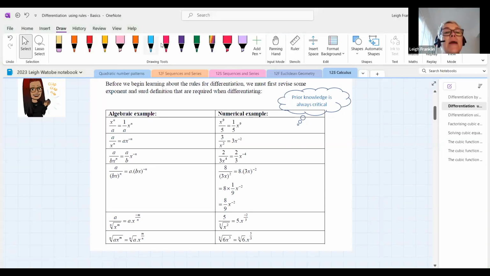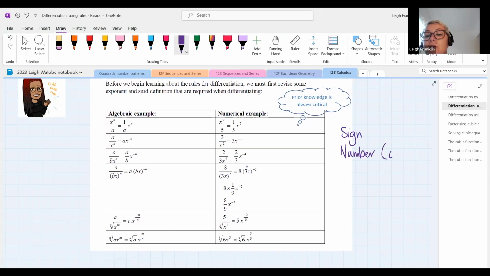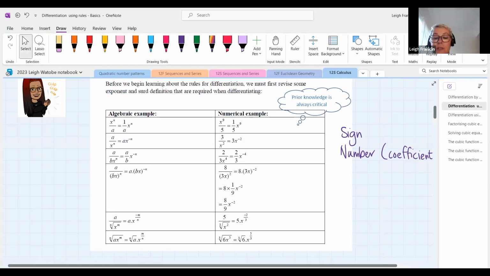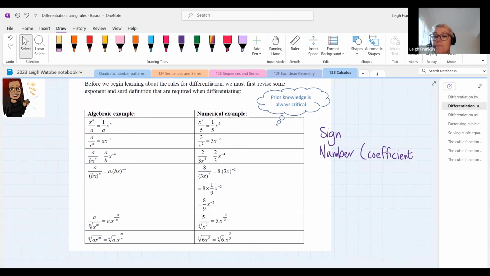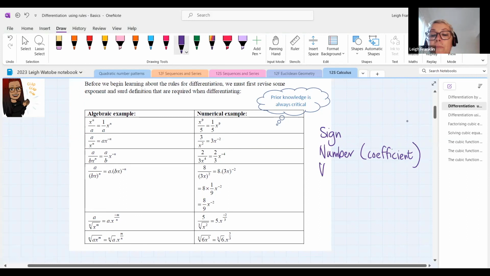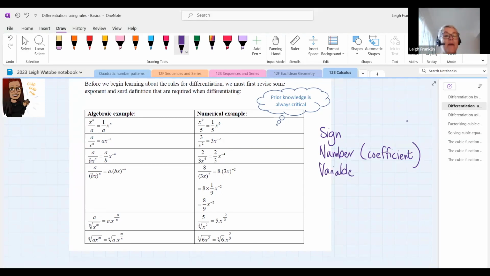I don't know if you remember from grade 8 when you first learned about algebraic terms, but we always write terms with the sign followed by our number, which is our coefficient, followed by our variable. And on our variable, we may have an exponent.